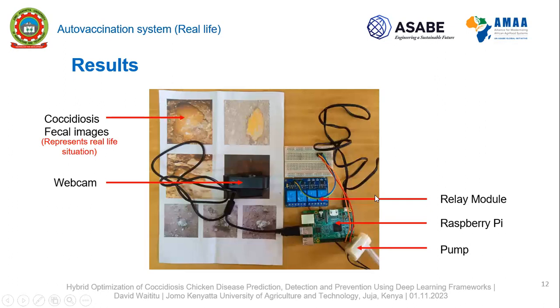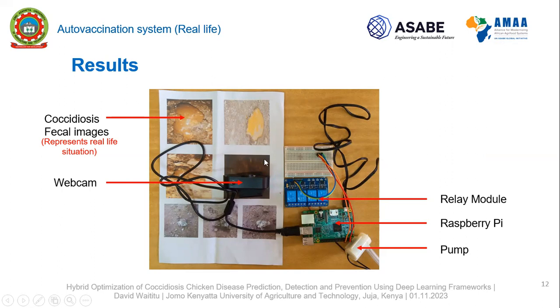Yes. And these were some trials that I was doing, testing it on printed paper. The fecal images were the ones we were using because they are one of the prime symptoms you can use to identify the presence of the disease, and they represent a real-life situation.